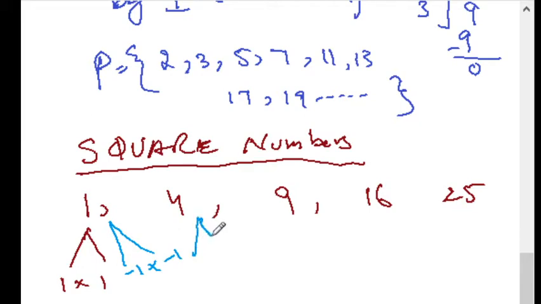Similarly, if I multiply 2 with 2, I get 4, or -2 times -2, again I get 4.